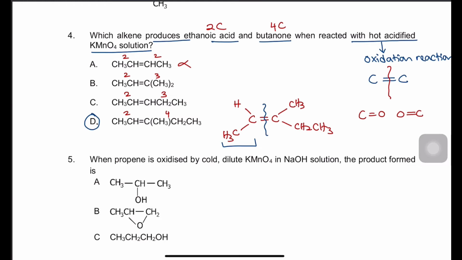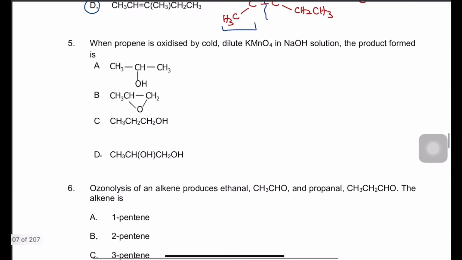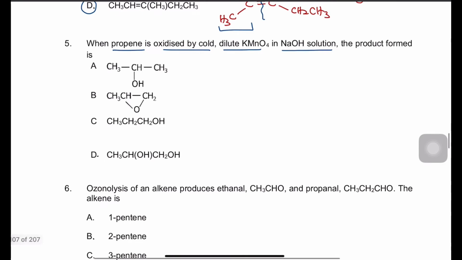All right, let's look at question number 5. When propene is oxidized by cold dilute KMnO4 in a basic solution, the product formed is... These conditions should remind you that what we are doing is the Baeyer test.